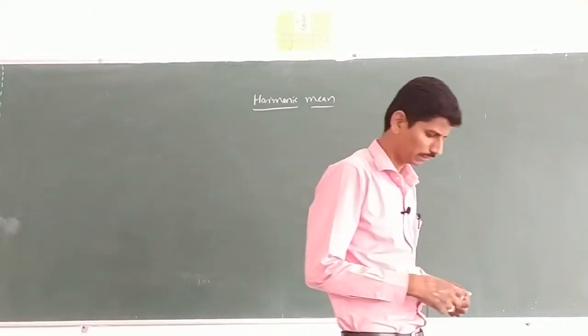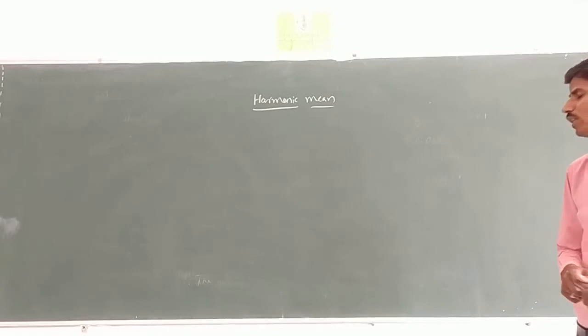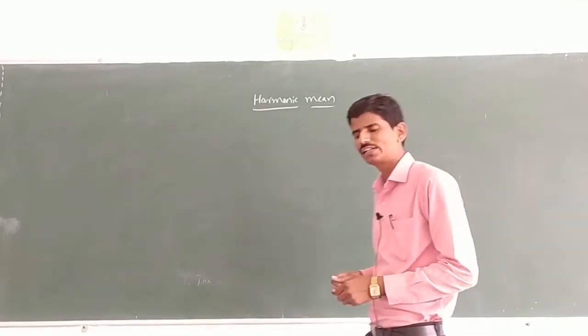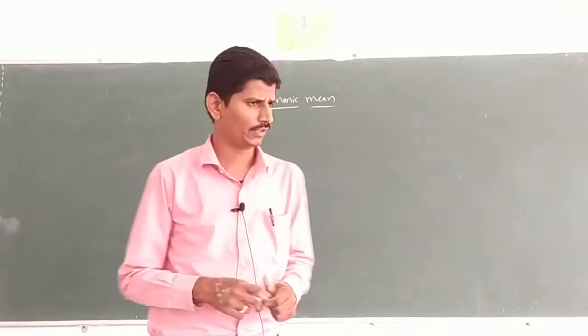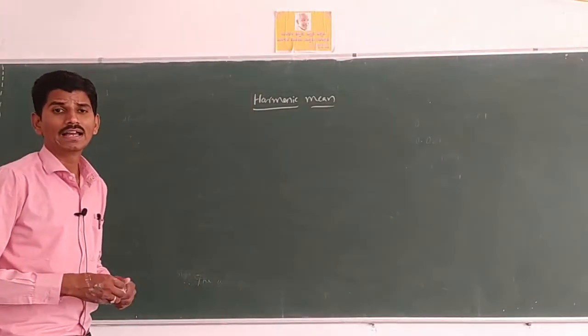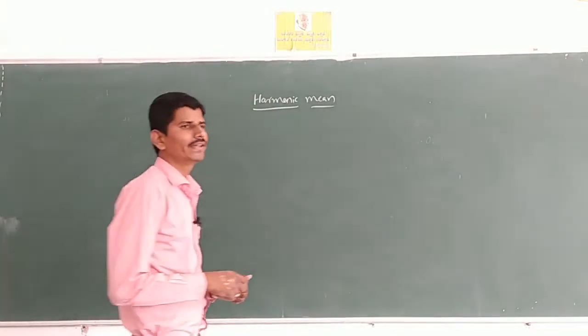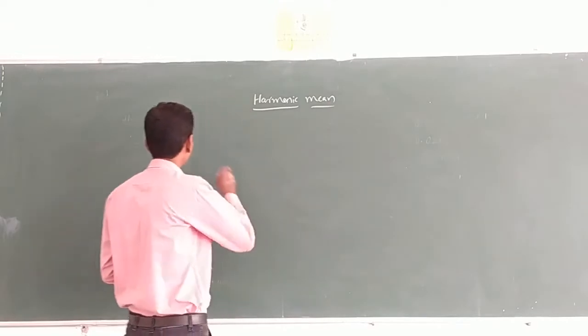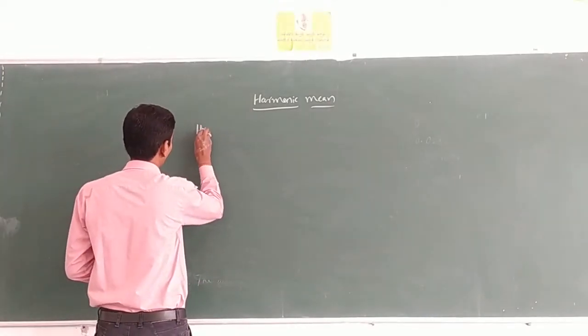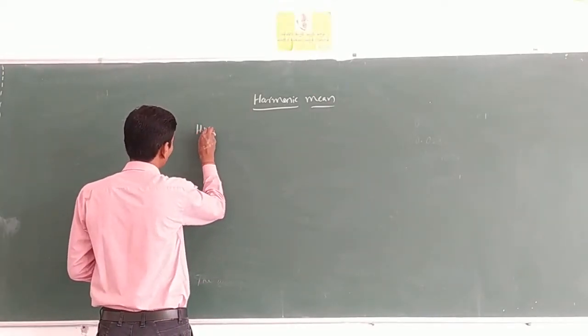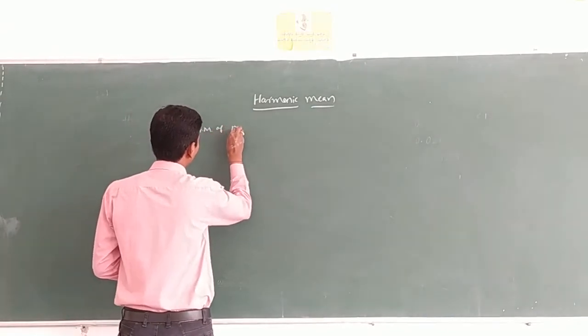What is the harmonic mean? The harmonic mean of n values, that is HM, is the reciprocal of the arithmetic mean.